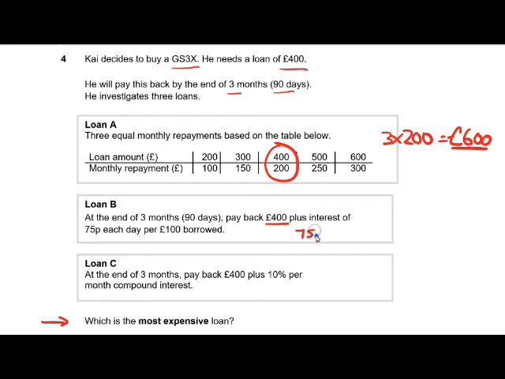So 75 pence times 4, because we're borrowing £400, means every day you're repaying £3. We need this loan for 90 days, so 3 lots of £90 is £270 interest. Add the £400 original and your total for loan B is £670.